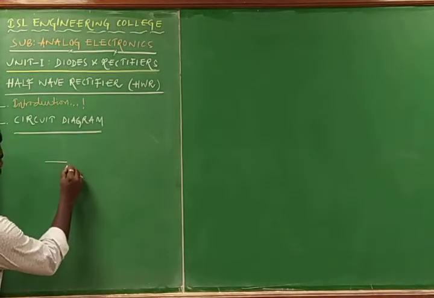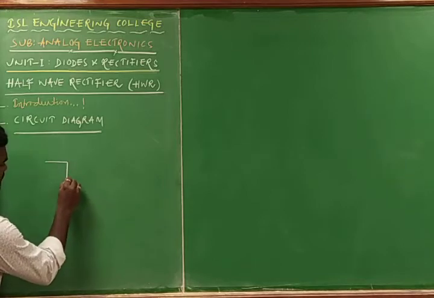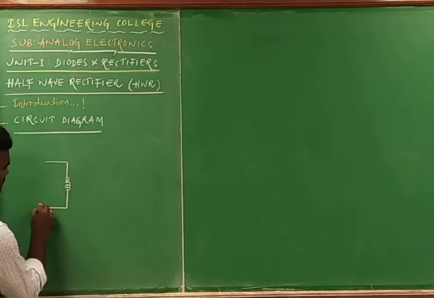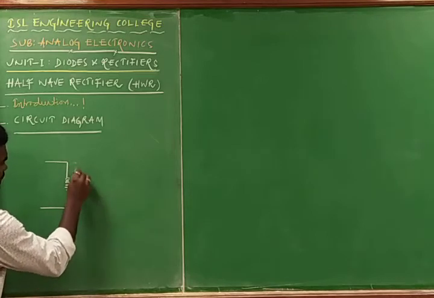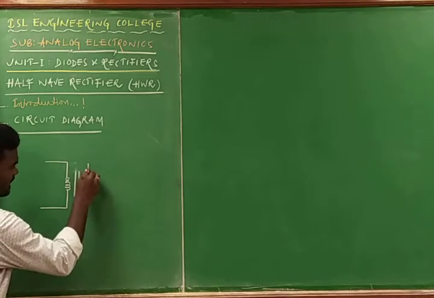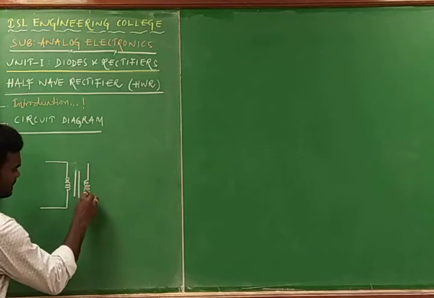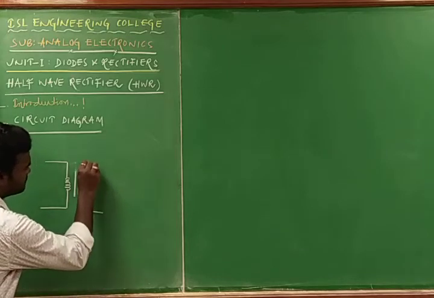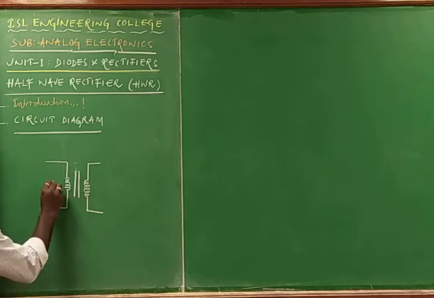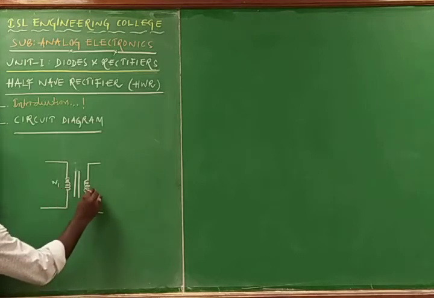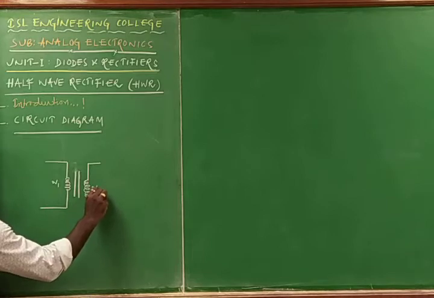I am going with the symbol of the transformer. This is a transformer symbol. This is called the primary winding, and these two lines represent mutual inductance, and this one is the secondary winding. The primary winding can be represented with N1, the secondary winding with N2.